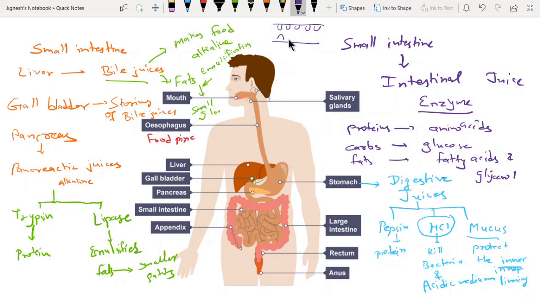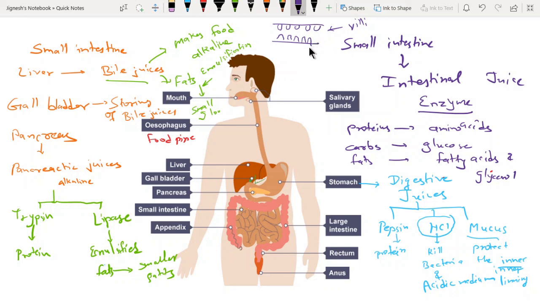These are called villi. The plural is villi, otherwise it's villus. Food coming from the intestine gets more surface area, so it gets absorbed very easily here.